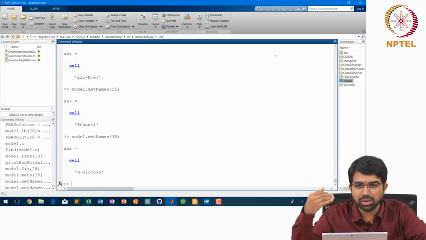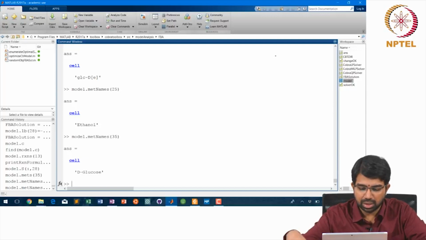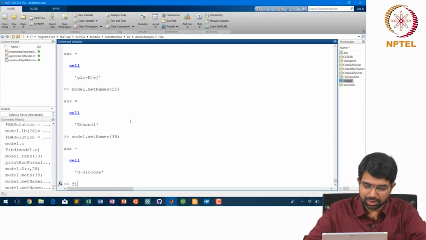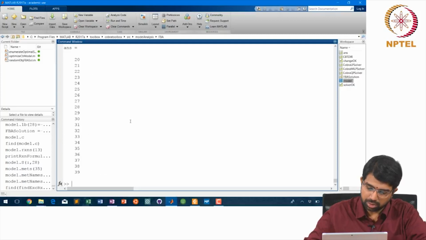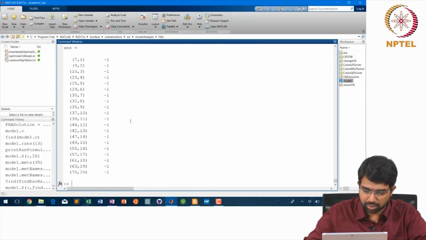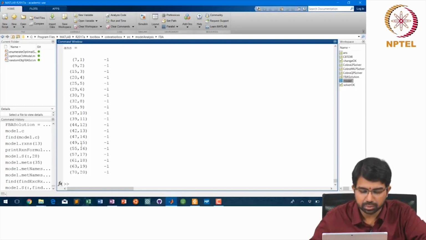So, this D-glucose coming into the cell, that is reaction number 28, and all your exchange reactions are like that. You find model.rxns, these are all your exchange reactions. If you now say model.S(:, this), that is it. So there is nothing going on.